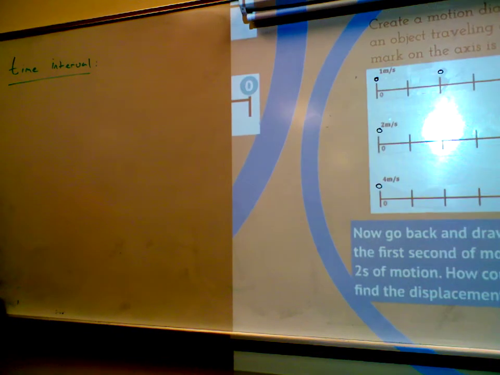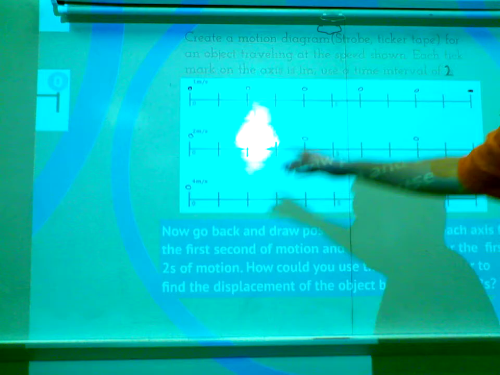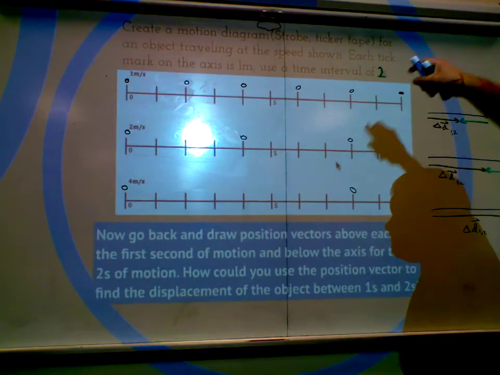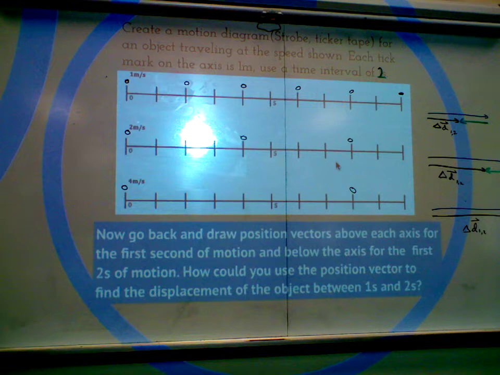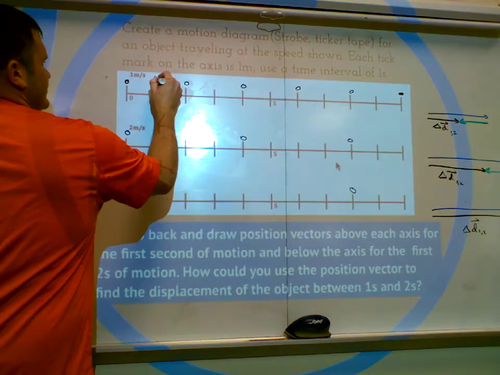Okay. How long? Back to our motion diagram, right? On here, how often do I put the dots? Every second. Okay, we changed every 2 seconds, right? Okay, we'll go back to every second since that's what you have on your paper.